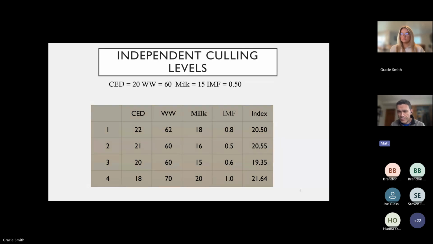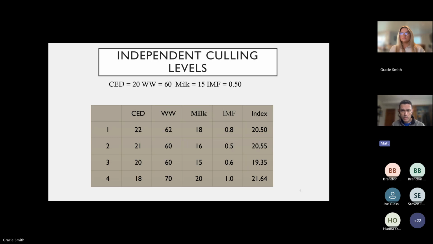And if this scale doesn't look close to the EPD scale for Wagyu, pardon me, I didn't try to mirror that, but hopefully the example still comes through. If I adhere to these independent culling levels, I would not consider bull 4 in my list because he fails to meet the level I set for calving ease, right? So if I strictly adhere to the levels I set, I would take him off my list.